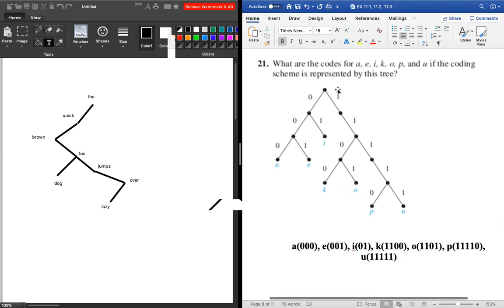Okay. So basically just following the path that reaches that node starting from the root and then collecting the digits across the way.